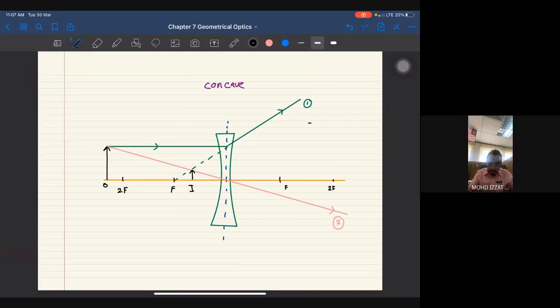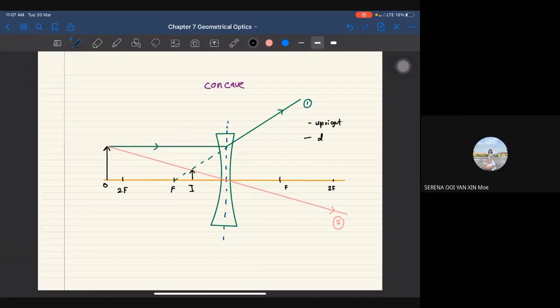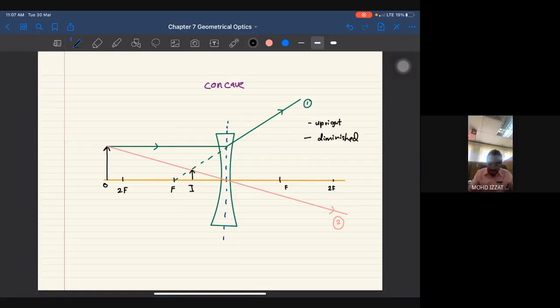Upright. Upright again. Diminished again. Virtual. Virtual. Okay, it is not magnified, it is diminished and virtual. Students are always confused between virtual and behind the mirror or in front of the mirror. Can I choose in front of the mirror instead of virtual? The answer is no, because in front of the mirror, behind the lens, in front of the lens, opposite side of the lens, that is actually the position of the image.